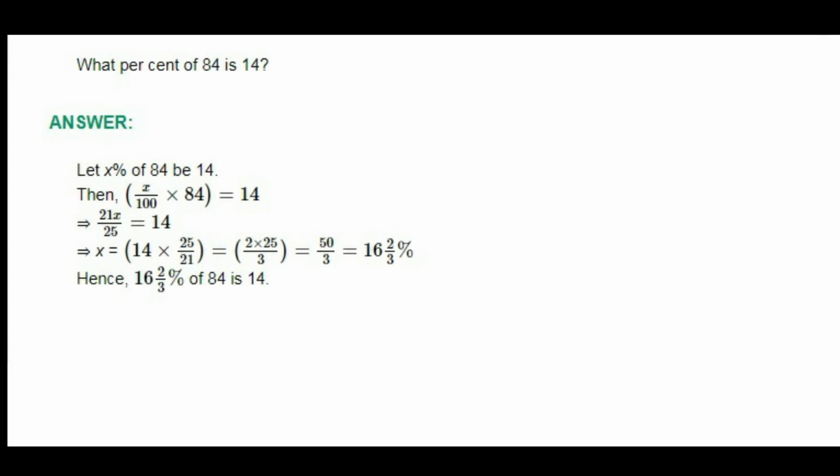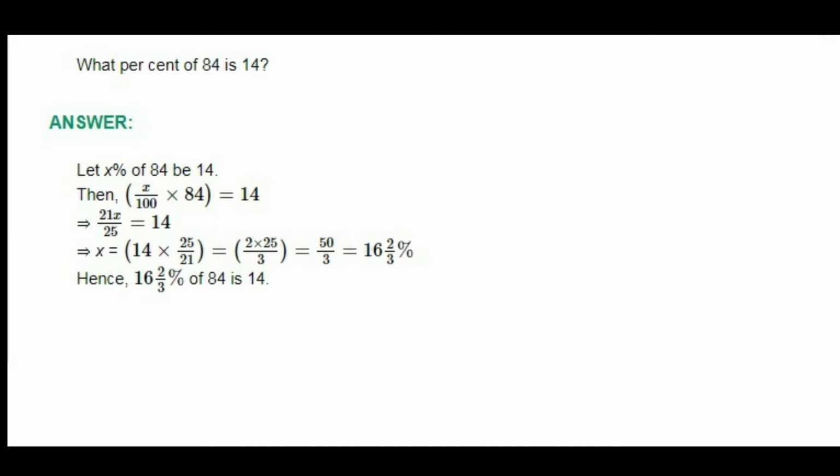And if we cancel it by 4, 25 is 100, and 4 21s are 84, right? So 21x by 25 equals 14. To find the value of x, we have to change the side. 21/25 goes to the right-hand side, so it gets reversed.